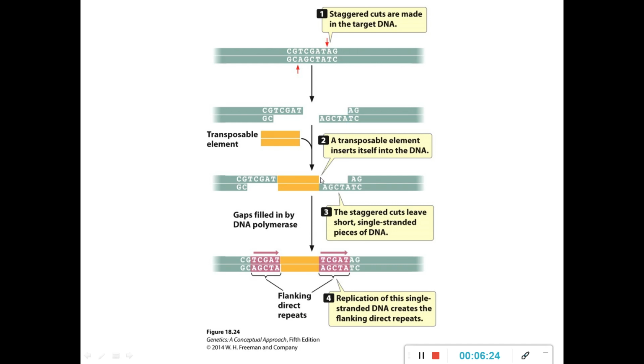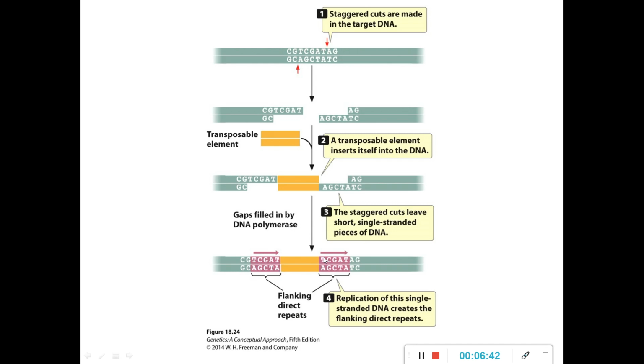Since a staggered cut is there, this will leave a short single stranded piece of DNA which is blank, and as a result the gaps are filled in by DNA polymerase, and you get flanking direct repeats over here.